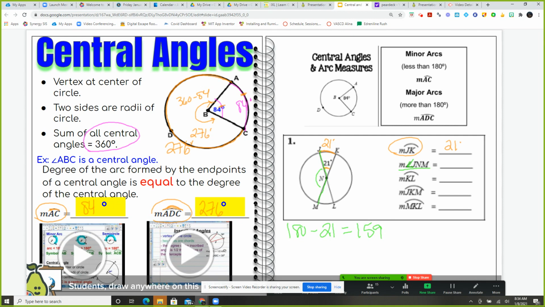I just want this green part on that half of the circle. Do you get 159? So this green part here, and we're only doing half the circle, is 159. The other half of the circle is the other 180.